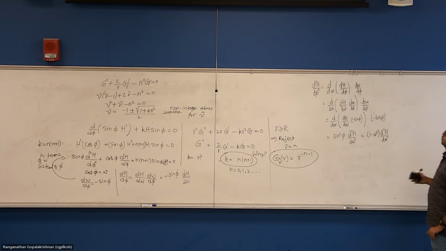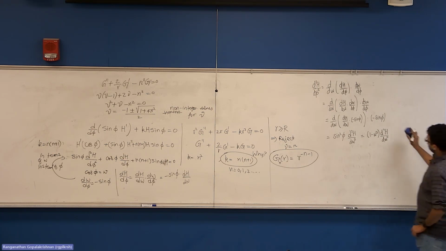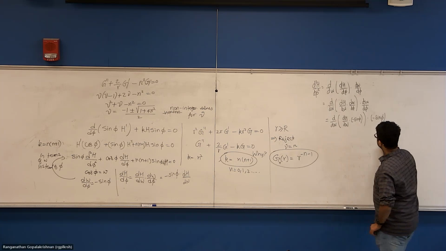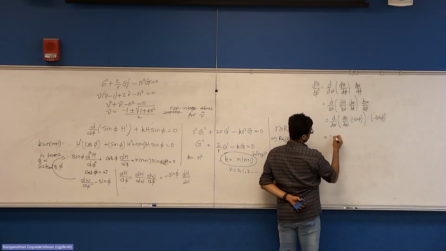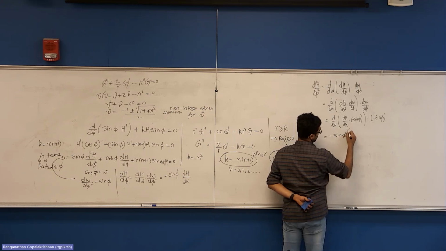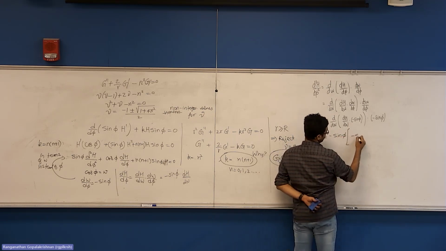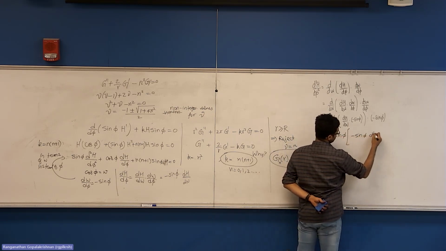Yes. Right, so let's think about this. So this is minus sin phi multiplied by minus sin phi times d squared h over dw squared.